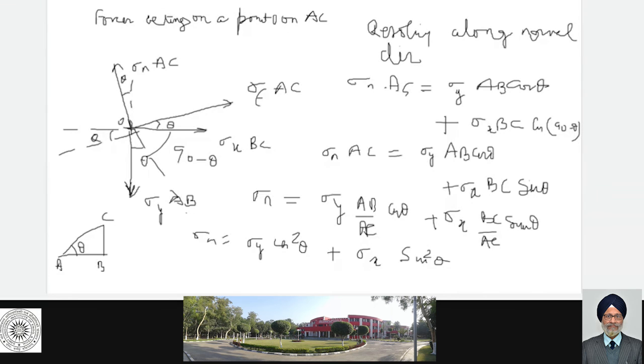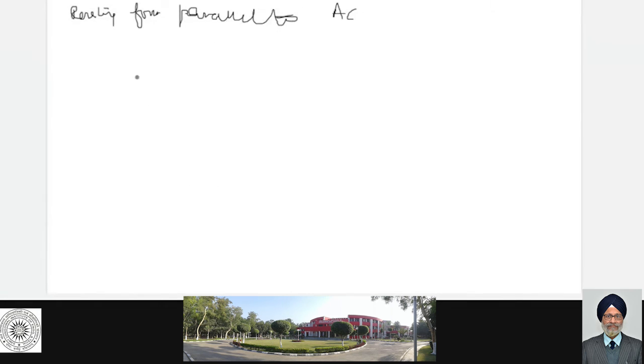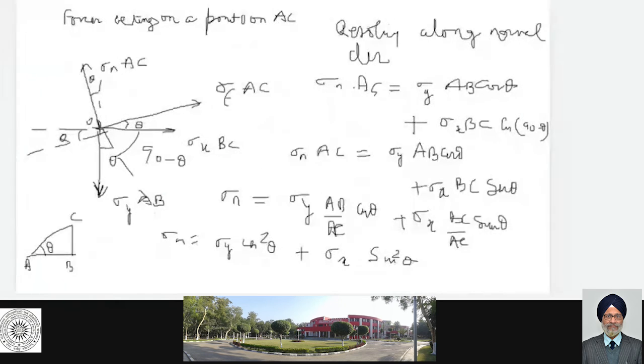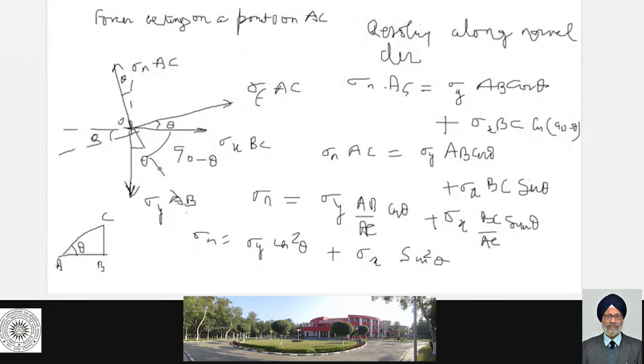So along this direction, it will be sigma T into AC. Sigma T into AC will be equal to sigma x along this.